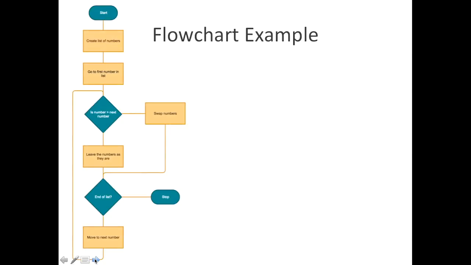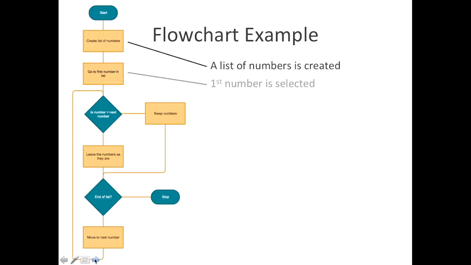Let's have a look at an example of an algorithm that should bubble sort a set of numbers generated in a list. Yours may not look exactly the same, but the outcome should still work. So as you can see, we have our terminator, and then the first thing we do is create a list of numbers.